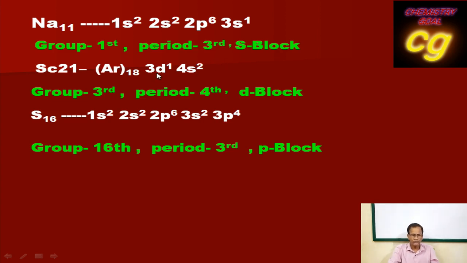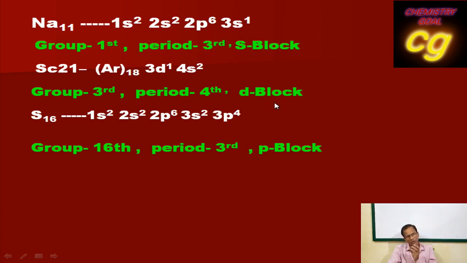Then come to sulfur. Sulfur atomic number is 16, so it is written as 1s2, 2s2, 2p6, 3s2, 3p4. How many electrons does it contain in the outermost shell? The outermost shell is 3, so 2 plus 4, total 6.